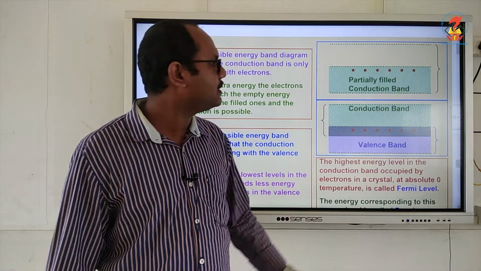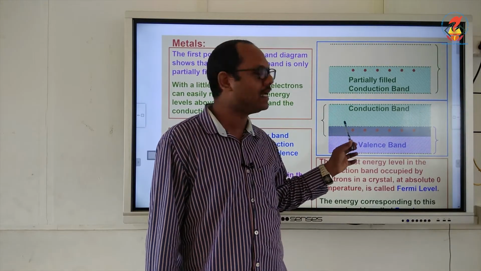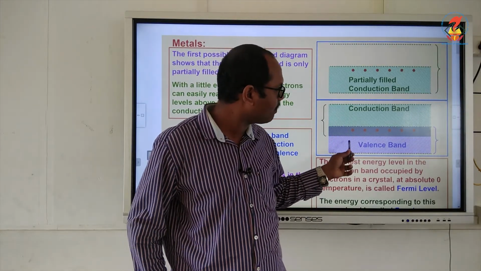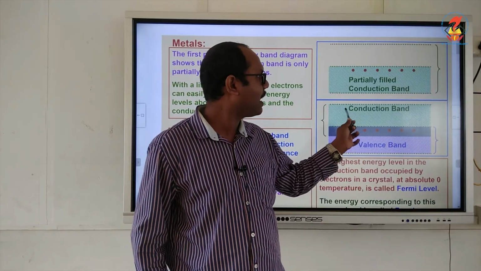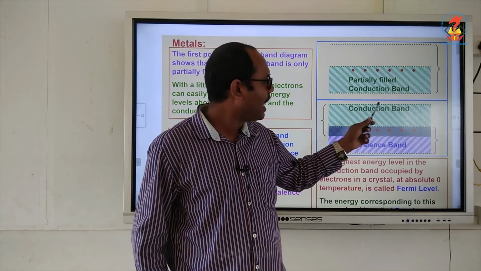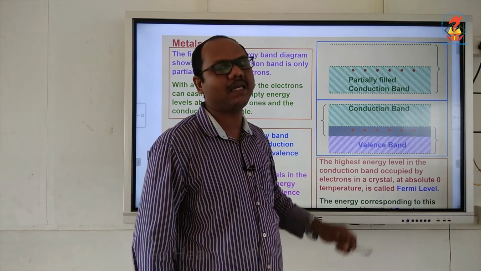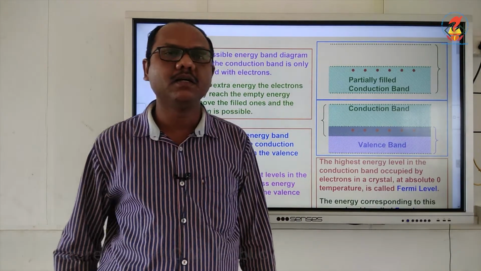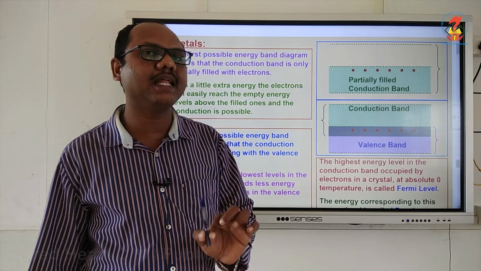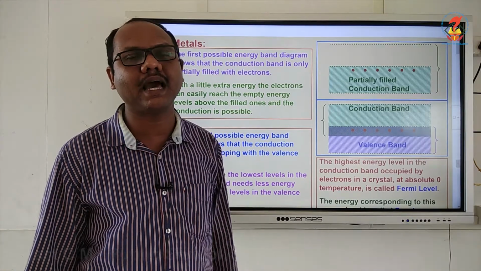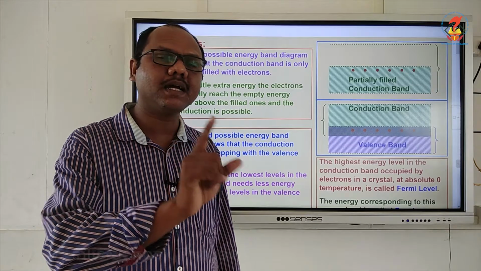Now, the other thing is the second figure. Look at the second diagram. Here I have marked the valence band and I have marked the conduction band, and you can see the valence band and conduction band overlap each other. So literally there is no energy gap between the valence band and conduction band.